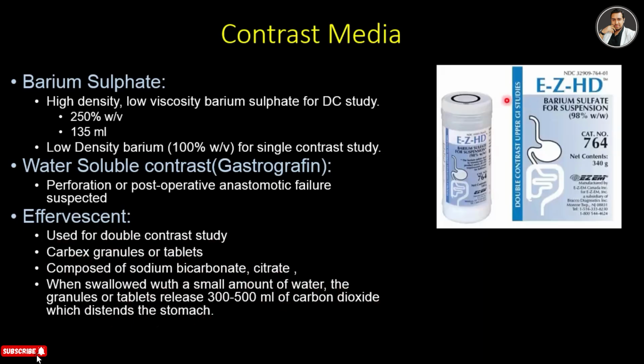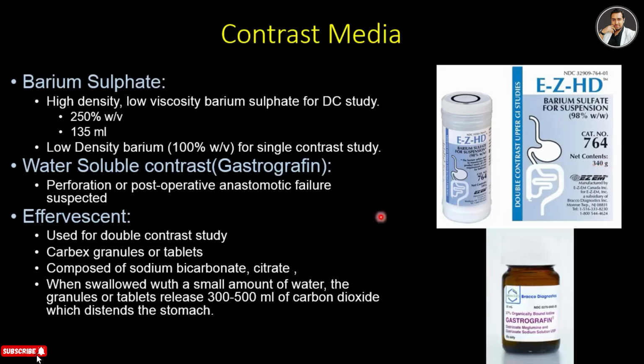So here is the image of the barium sulfate suspension, that is 98% weight per volume, and the net content is 340 gram. And the other one is gastrografin, and this is a water soluble contrast.